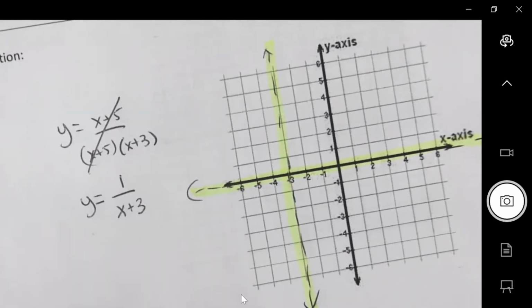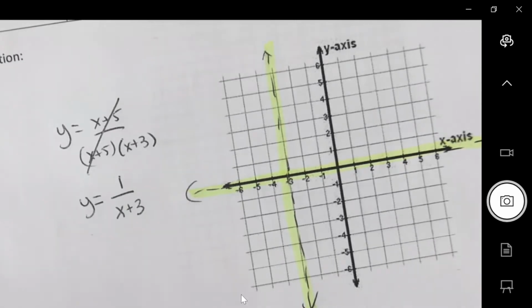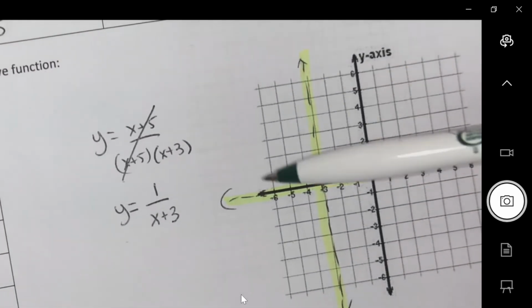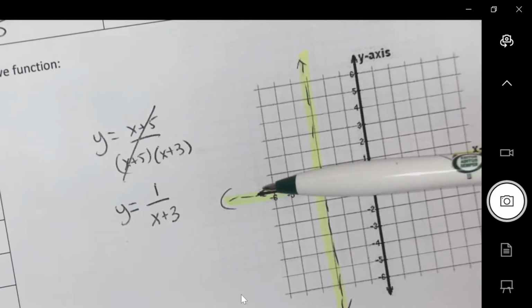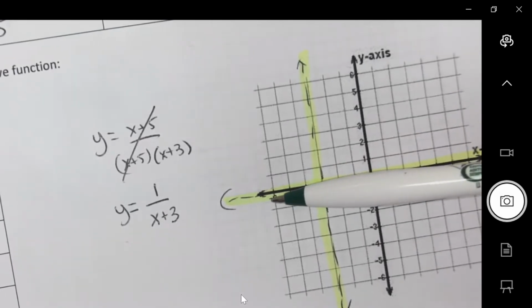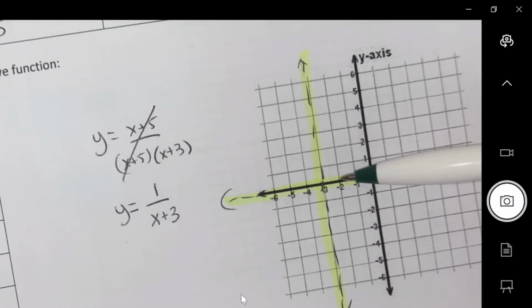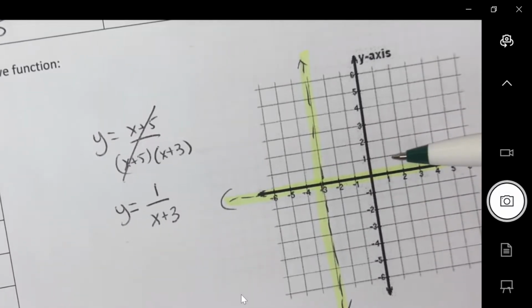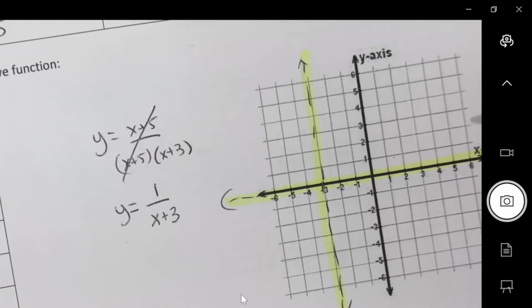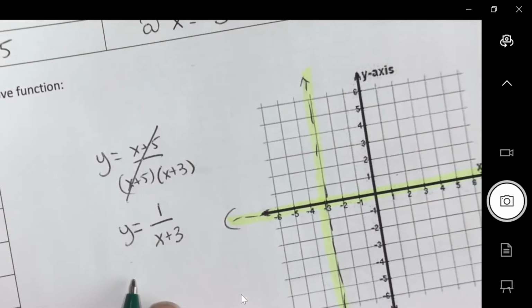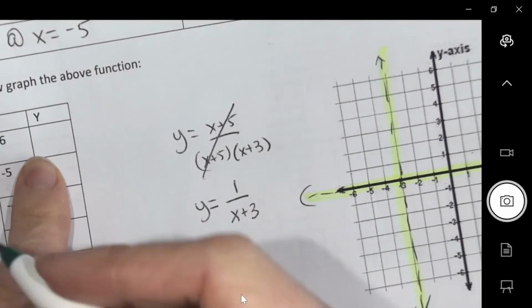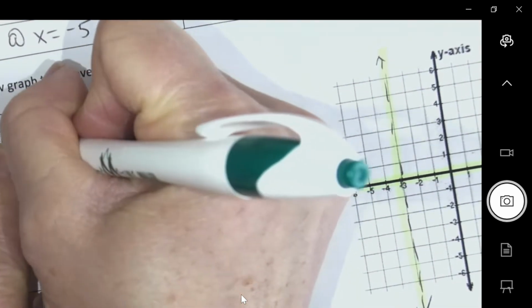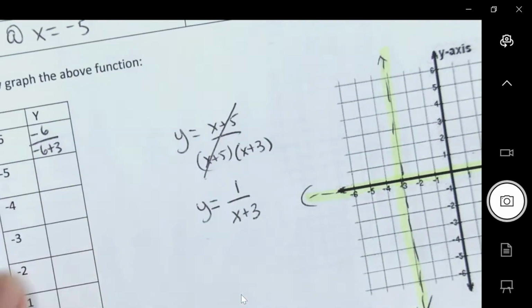Okay. So there's my simplified equation because I canceled. Now what I'm going to do to get a pattern is pick a couple x values on the left. So I'm going to go -4, -5, and -6. And I'm going to pick a couple x values on the right. By that point, I'm going to see the pattern. Okay, so plugging in a -6. Here we go. -6 over -6 plus 3.